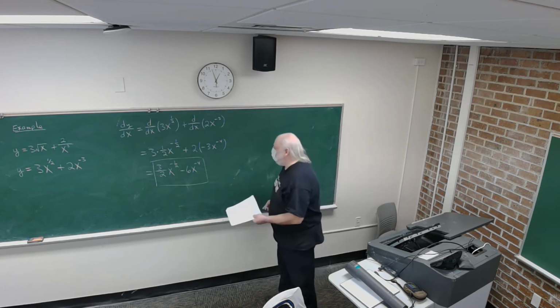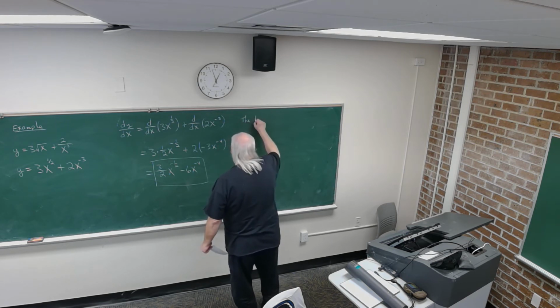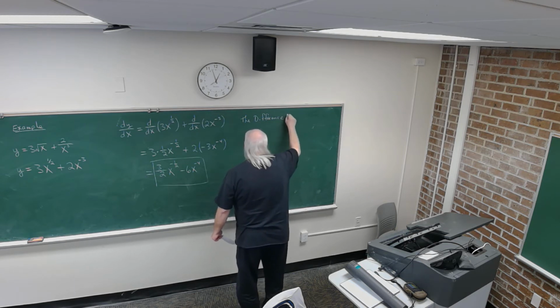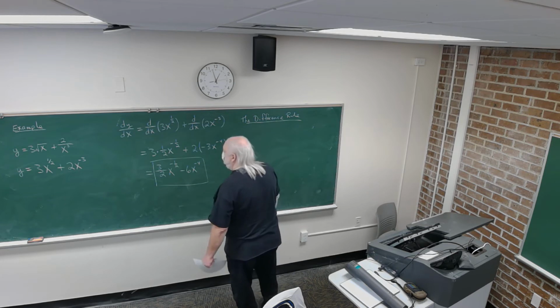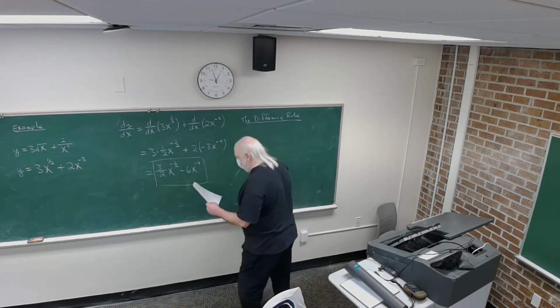All right, and if you have the sum rule, then there's got to be the difference rule. And the difference rule is like the sum rule, except you're taking the difference of two functions, right?